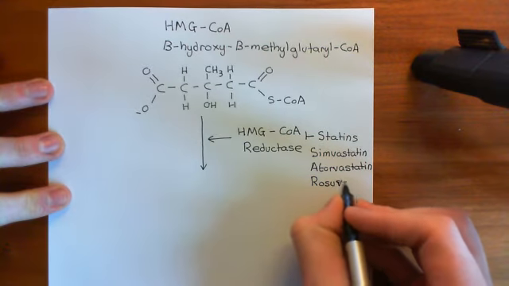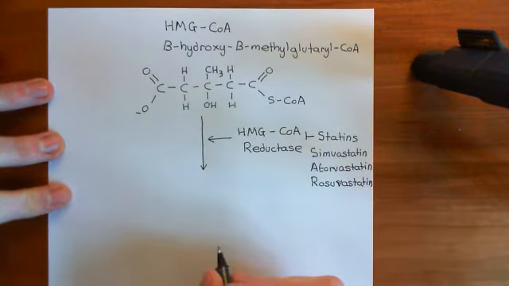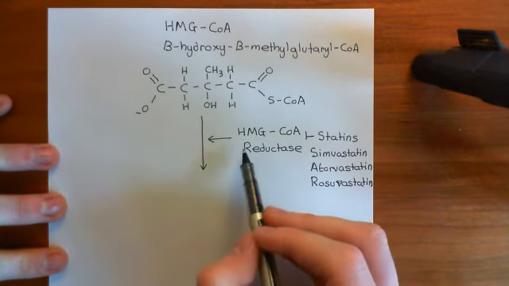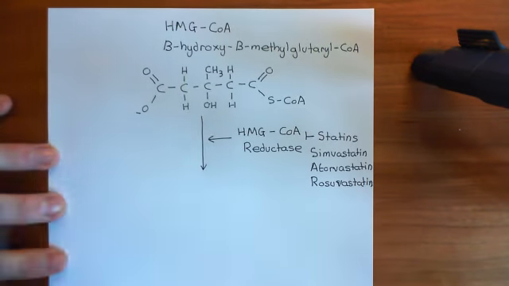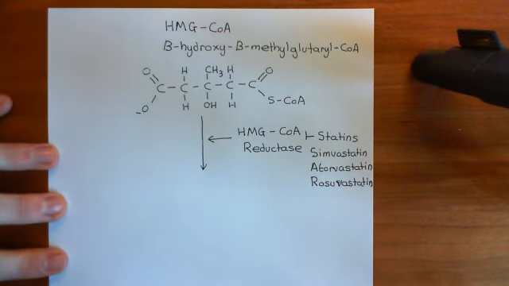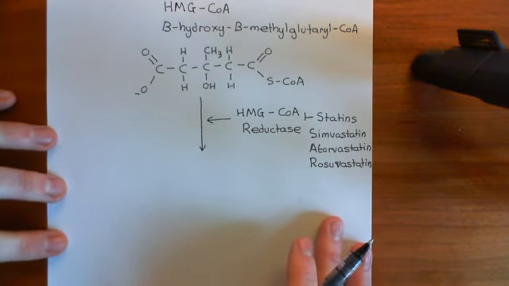Okay, right. So all of these drugs work by blocking this enzyme HMG-CoA reductase and thereby blocking the conversion of HMG-CoA into whatever we're about to convert it into, which is an essential step in the production of cholesterol de novo. Okay, so what are we about to turn HMG-CoA into?